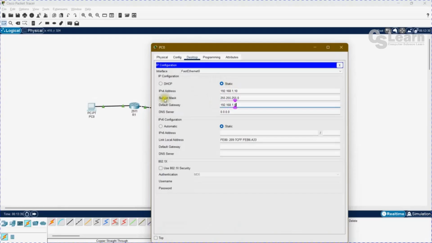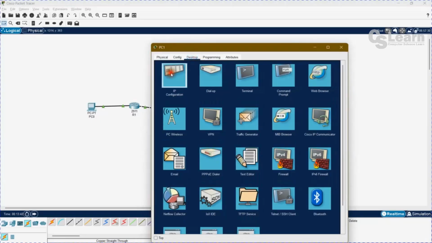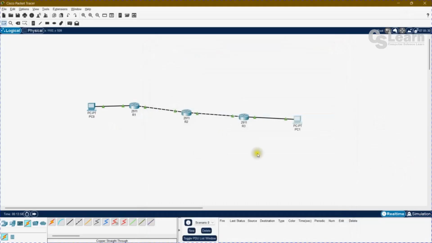So that is the default gateway, which means your nearest router network ID. And here 192.168.3.10, 192.168.3.0. That's it. Okay, we configured everything properly.